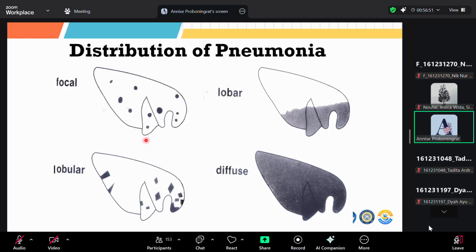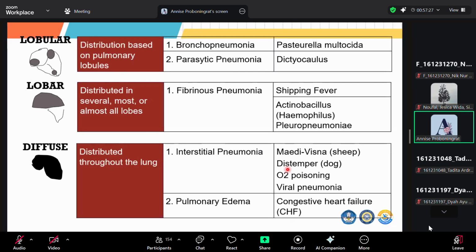Focal pneumonia: the inflammation in the lung parenchyma is distributed focally, and then the lobular pneumonia involves some lobules of the parenchyma of the pulmo, and lobar pneumonia is usually in the cranioventral part of the pulmo, and the last one is diffuse distribution of the pneumonia or the lung inflammation.